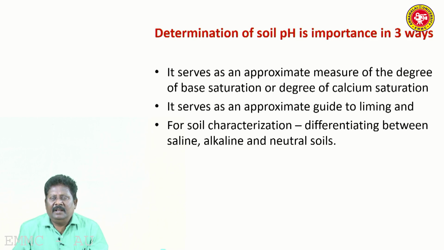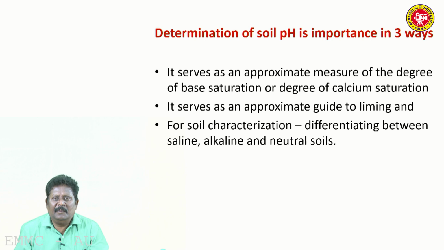pH is important in soil for several reasons. It serves as an approximate measure of degree of base saturation or degree of calcium saturation. So, bases in the soil, calcium, magnesium, sodium, potassium, these are all basic cations.